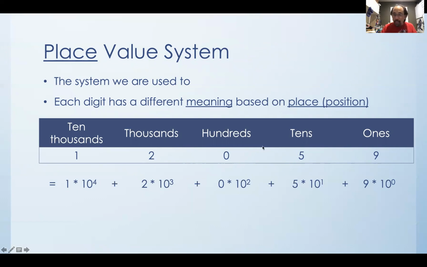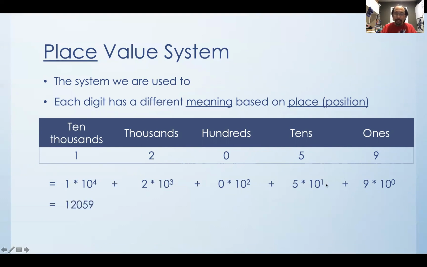Okay, so in this case here, 12059, we have 1 10,000, 2 thousands, 0 hundreds, 5 tens, and 9 ones.